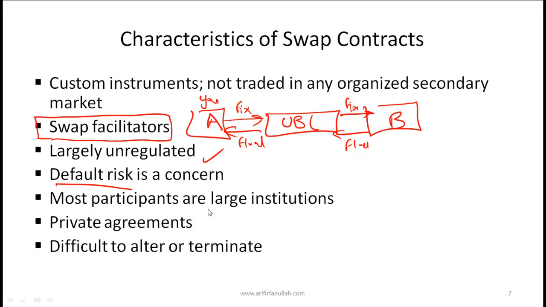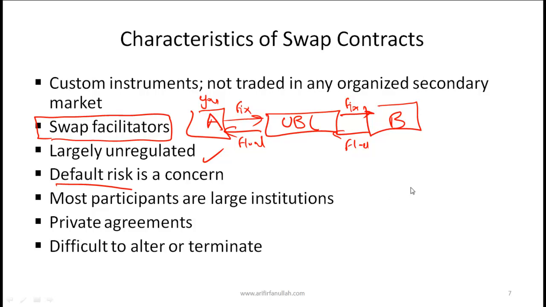Generally, it is large institutions that participate in swap contracts. These are private agreements, and once you have a swap contract, it's generally difficult to alter or terminate. Nothing too radical over here. As long as you understand and memorize these points related to swap contracts, you are in good shape.